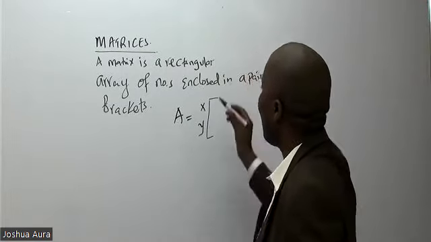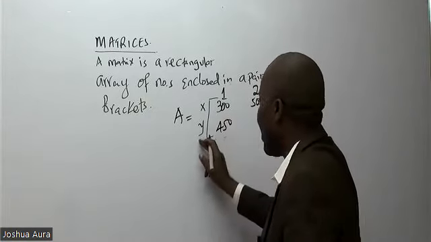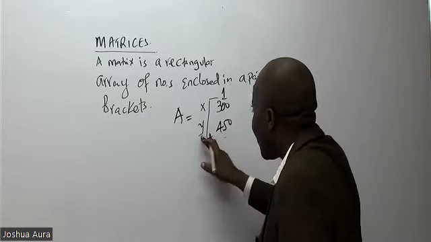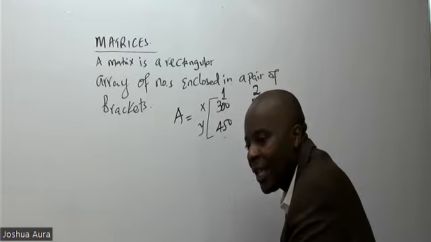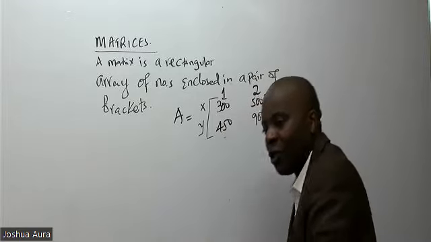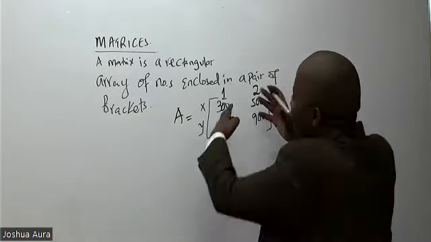Shirt X of size 2 could be going for 500 shillings. Shirt Y of size 1 could be going for 450. Shirt Y of size 2 could be going for something like, say, 900. So ladies and gentlemen, I'm conveying my information regarding prices, but in the form of what we call a matrix. You can see here, of course, a rectangular or square arrangement of numbers enclosed in a pair of brackets. So this is what we call a matrix.